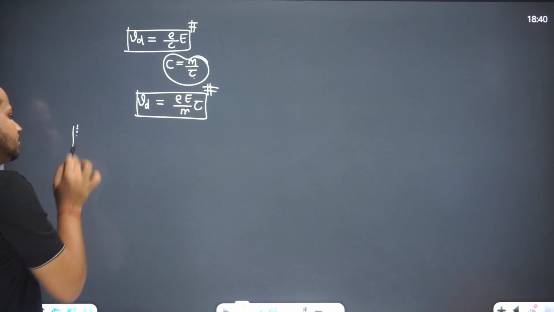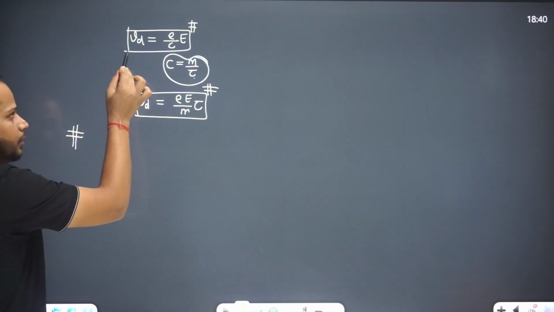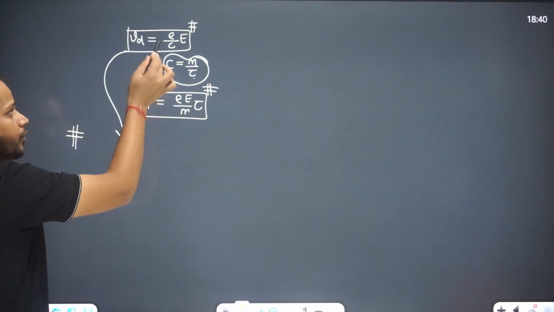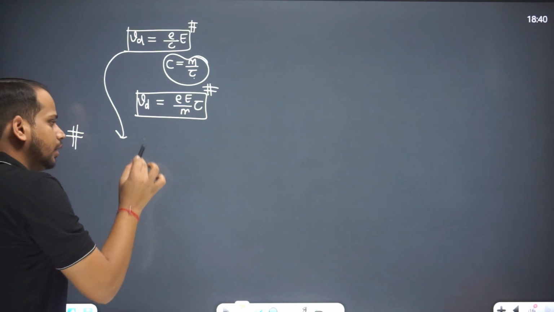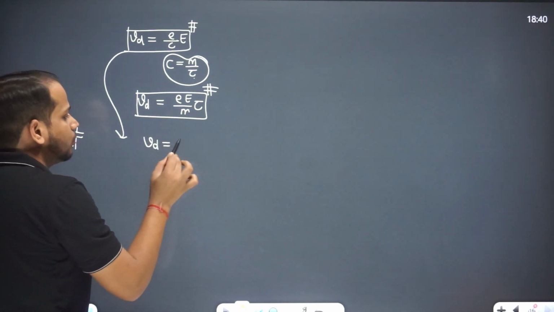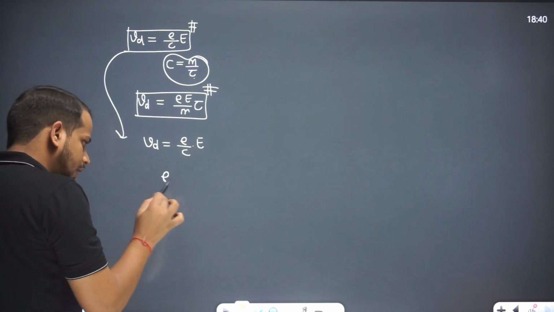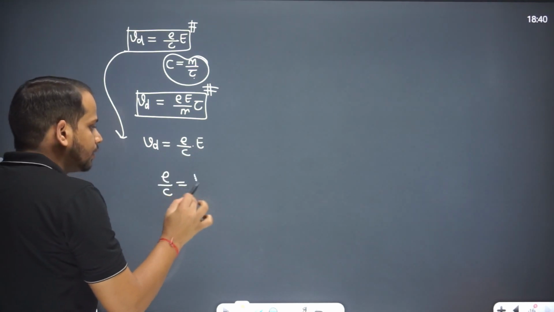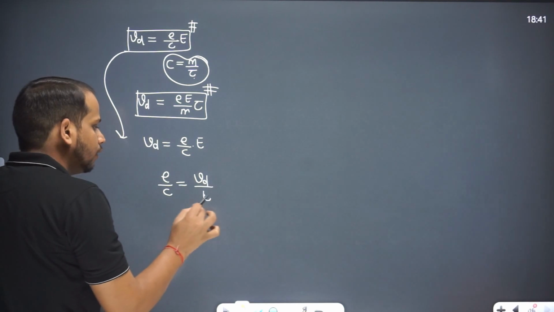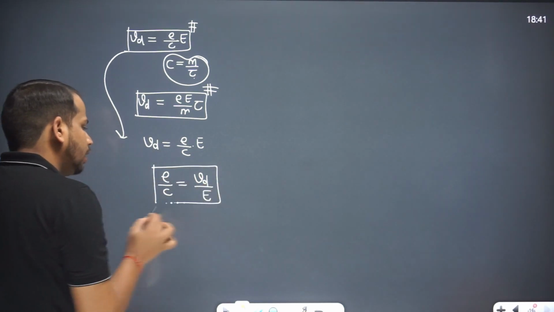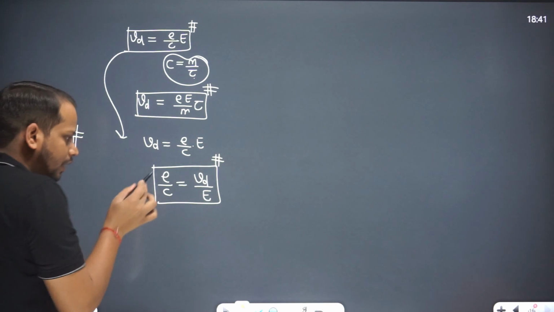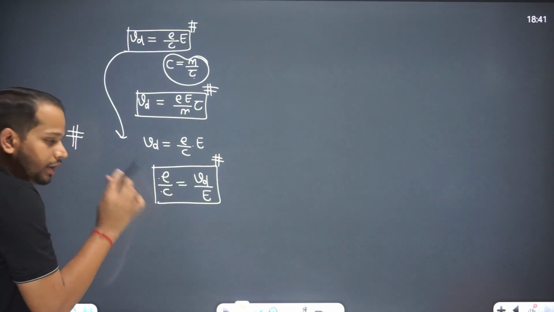Now let's see the next thing I want to tell you. Coming from this, Vd equals e by C into E, right? So what is e by C? e by C is Vd by E. Vd is the drift velocity, e is the charge on the electron and C is that constant.